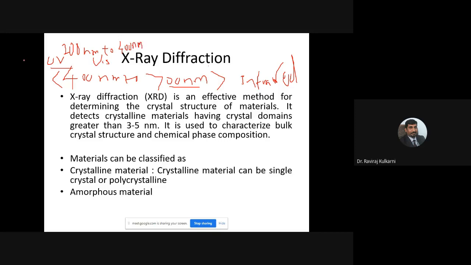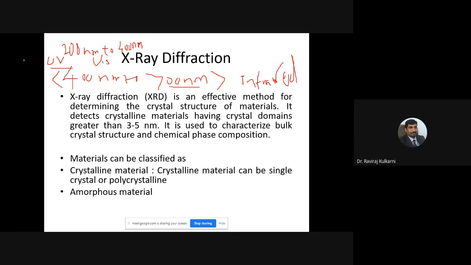Below 200 nanometer, we call it vacuum ultraviolet. Then below that, we have X-rays. 0.154 nanometers is the X-ray of copper K alpha radiation that we use commonly for XRD analysis.